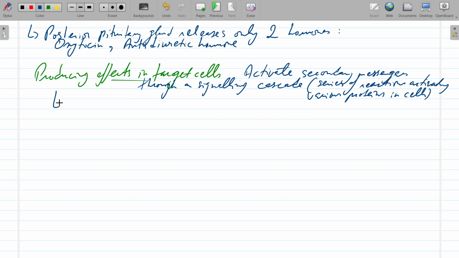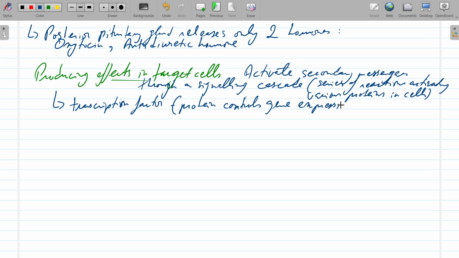And what happens finally is a protein that is a transcription factor, and a transcription factor is a protein that controls gene expression.